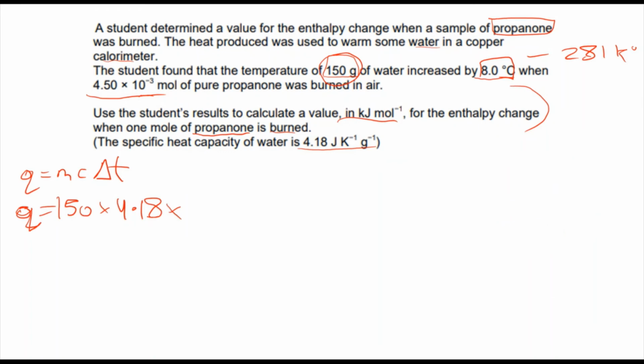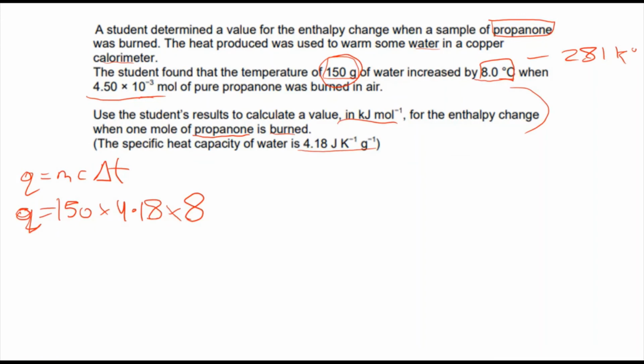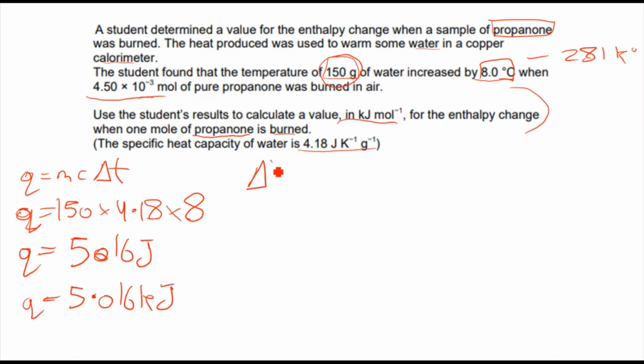Okay, so carrying on, we have 8 degrees there. This gives me Q equal to 5,016 joules. Now I need to convert that into kilojoules for later on, so 5.016 kilojoules. Now I would write the second equation down. The enthalpy change is equal to Q divided by the moles.